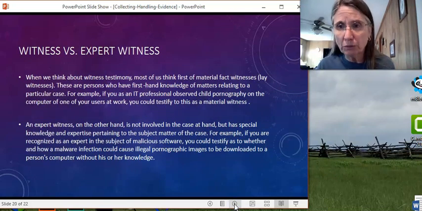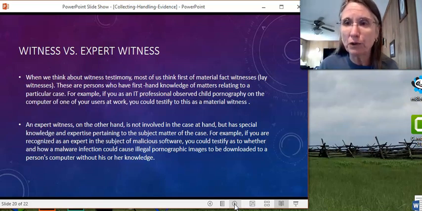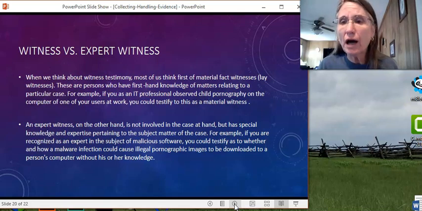So let's juxtapose our normal lay witness against this special role of the expert witness. When we think about witness testimony in general, I think most of us think in terms of what is called the material fact witness or lay witness. And these people are those that have some kind of first-hand knowledge of the matter at hand. They saw something.